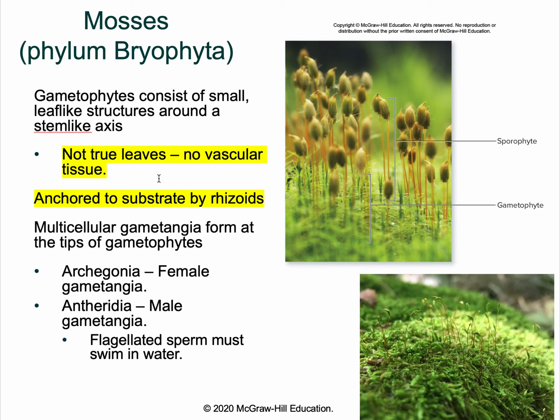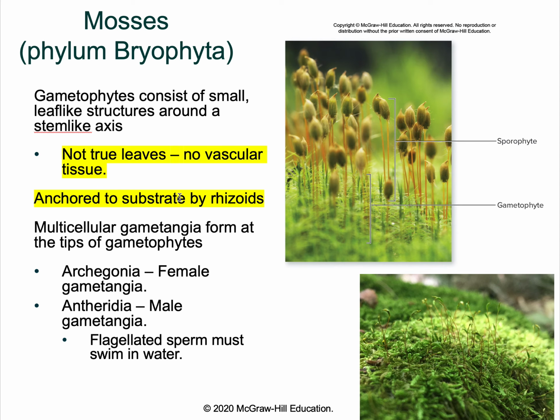So they don't have vascular tissue or true leaves, and that's why they're very small. These plants won't grow more than a few inches. An exception would be a fern, but a fern actually does have vascular tissue. Mosses and liverworts don't, and that's why they're very, very small.